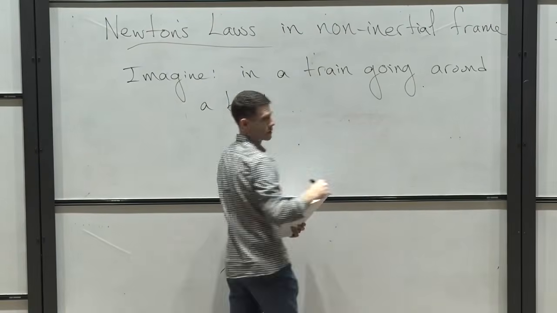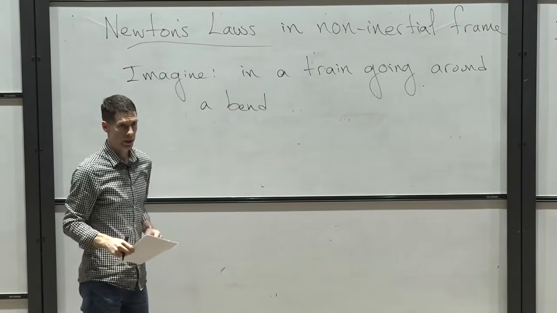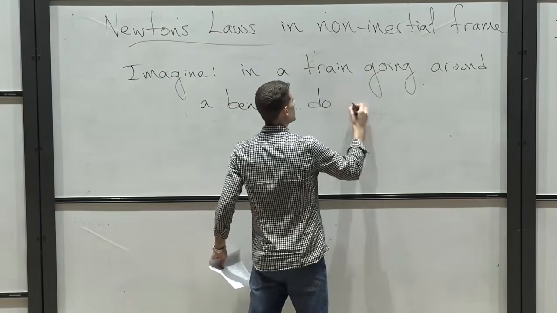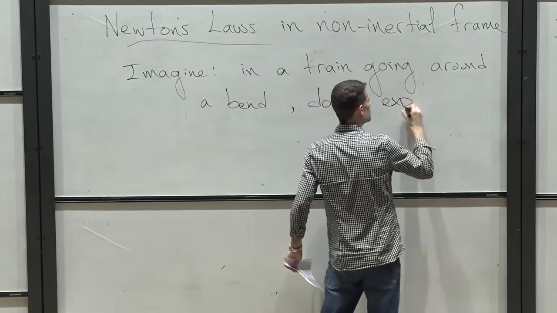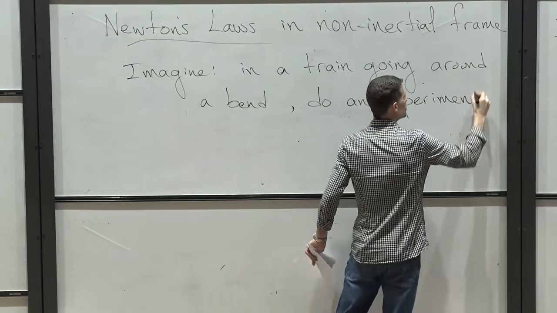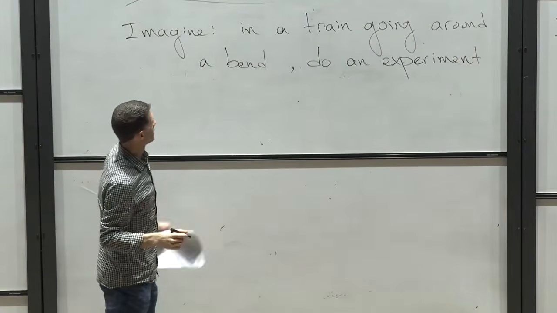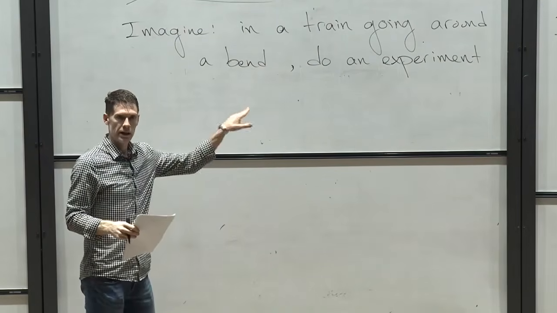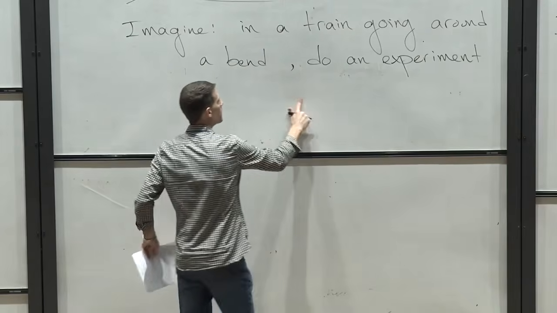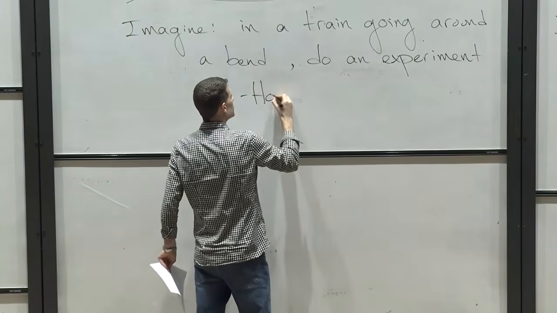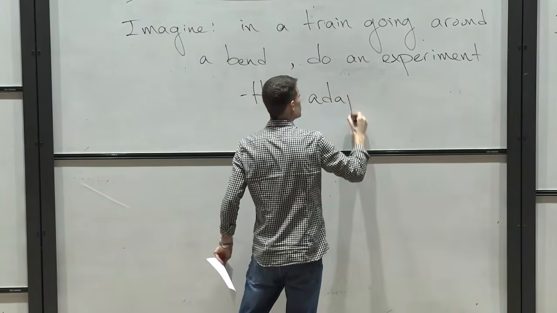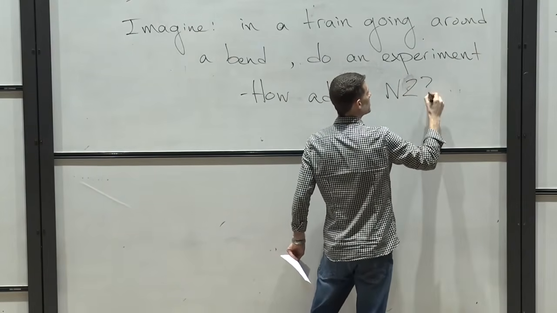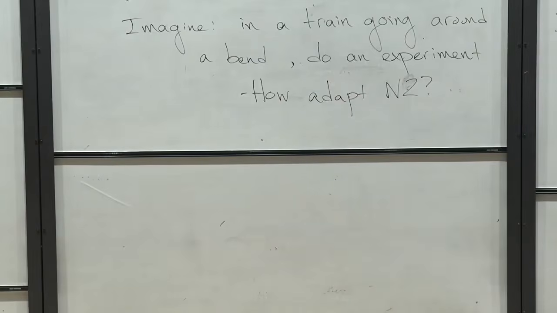And I want to work out the motion of the coin, and I'm in the train, so I'm in this non-inertial frame. And the question is, how do I adapt Newton's laws so that I can work out the trajectory of the coin?